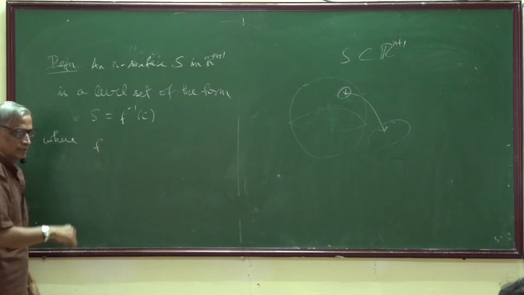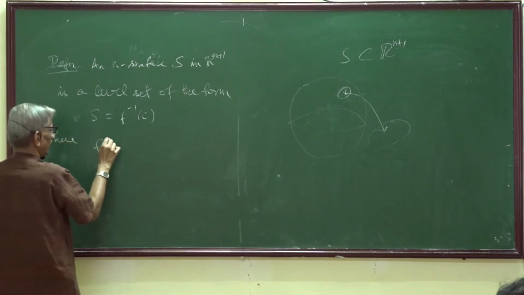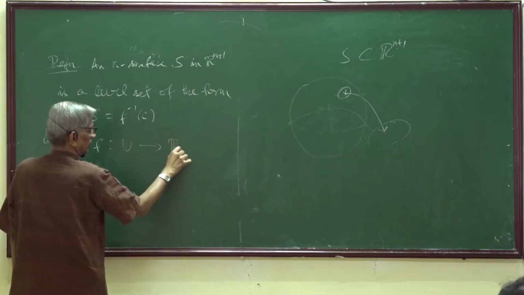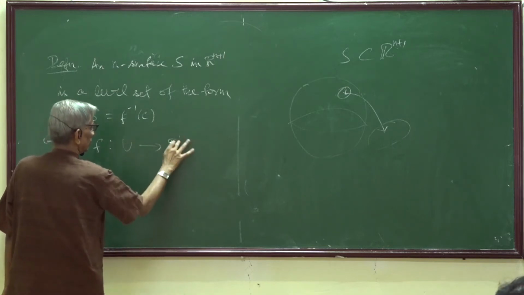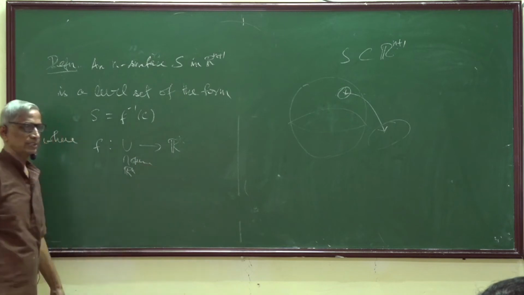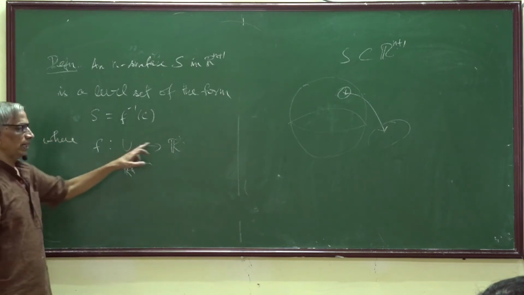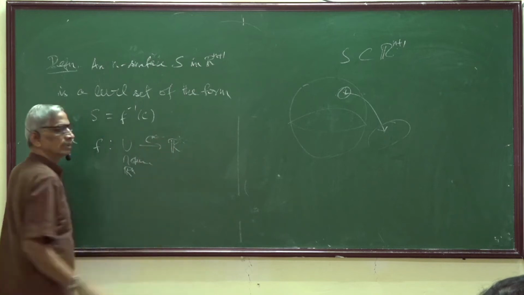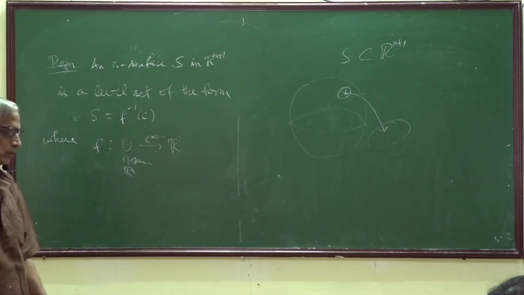Here U is an open set in Rn plus 1, and f is a smooth map from U to R, a real valued function on this open set.